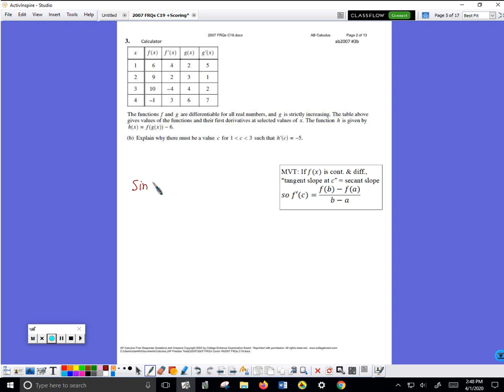Since h of x is continuous and differentiable, the mean value theorem, well, I think a better way to say it is because h of x is continuous and differentiable, and h of 3 subtract h of 1 divided by 3 subtract 1.